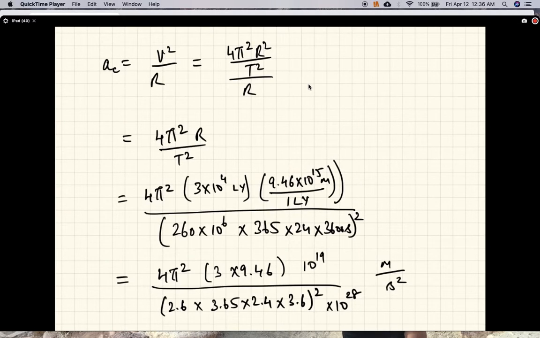Okay, so let's take care of this. Let me do that. Square this, inverse, times 4.